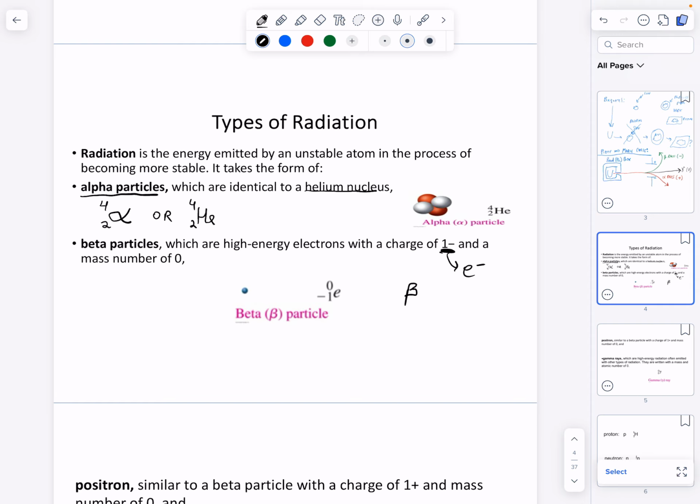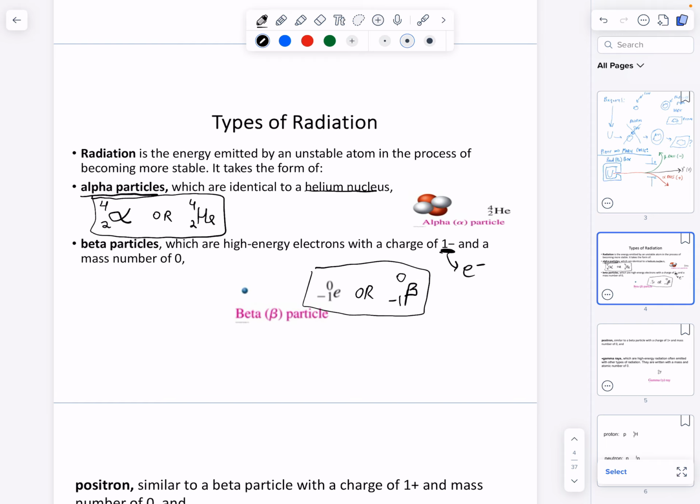That means it's negative, so it's going to be a -1 here. And because it's not a neutron or a proton, it's going to be 0 here. Or just electron, -1, 0. So those are the 2 ways we commonly write the beta ray, and these are the 2 ways we write the alpha ray. These particles have to be memorized.